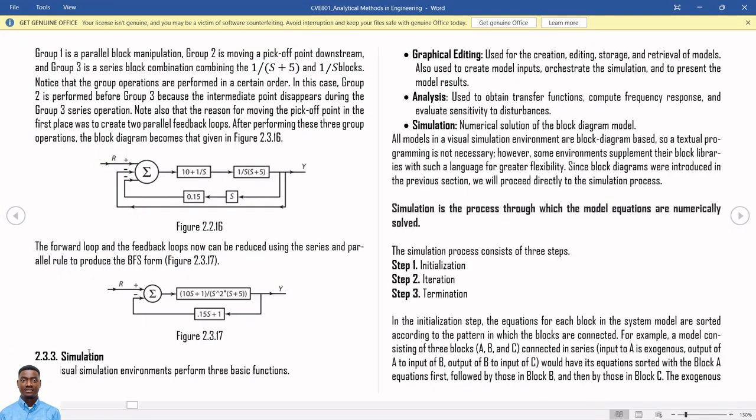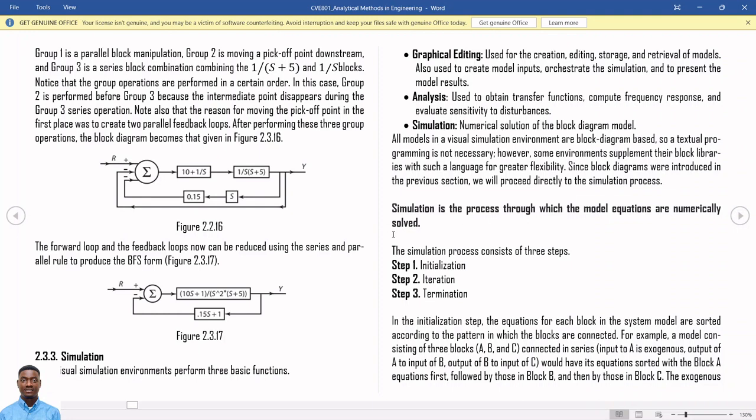So simulation, we already talked about that. Most visual simulation environments perform basic functions such as graphical editing, analysis, and simulation. Graphical editing is used to create, edit, or store and retrieve models, while analysis is used to obtain transfer function, compute frequency response, and evaluate sensitivities to disturbances, while simulation itself is the numerical solution of block diagram models.